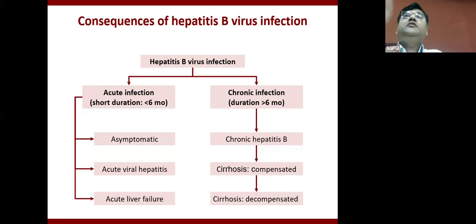When it changes the human DNA, it causes hepatocellular carcinoma. It does not need cirrhosis. But hepatocellular carcinoma in HCV cannot happen in absence of cirrhosis, because only cirrhosis is the contributing factor, and that is why the risk of hepatocellular carcinoma is much more in HBV than HCV.